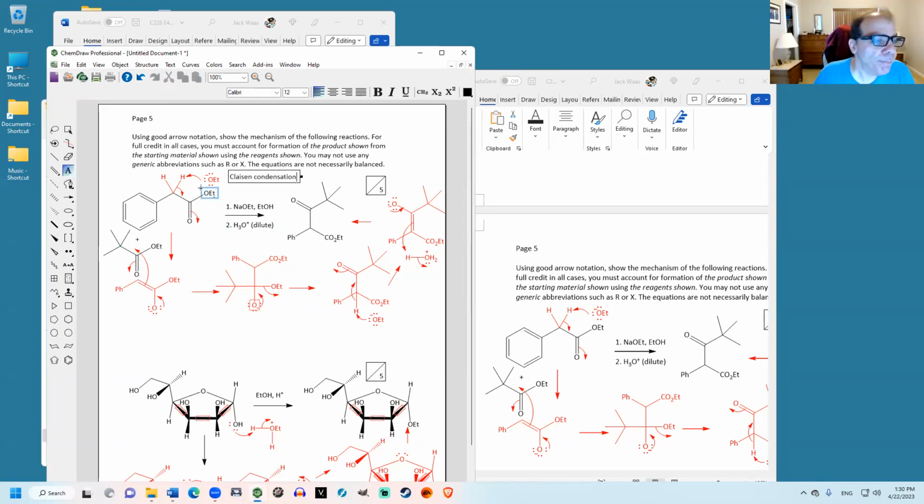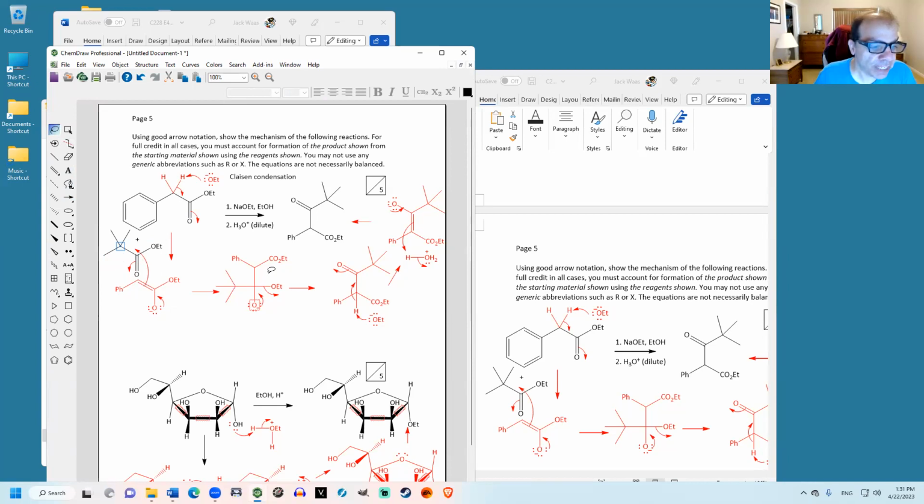So in the first step, my base, my ethoxide ion, deprotonates alpha to the carbonyl of the ester. This is the only species from which we can make an enolate. The other one is fully substituted at the alpha carbon, so we can't form an enolate of this one. There's no protons on that carbon. So we form the enolate. The enolate then adds into the other species, and we get this intermediate.